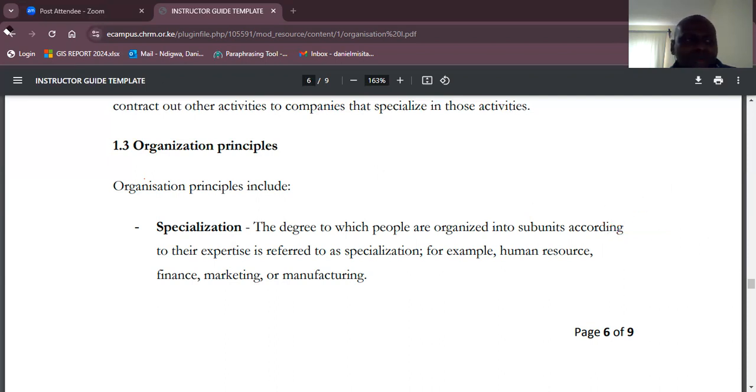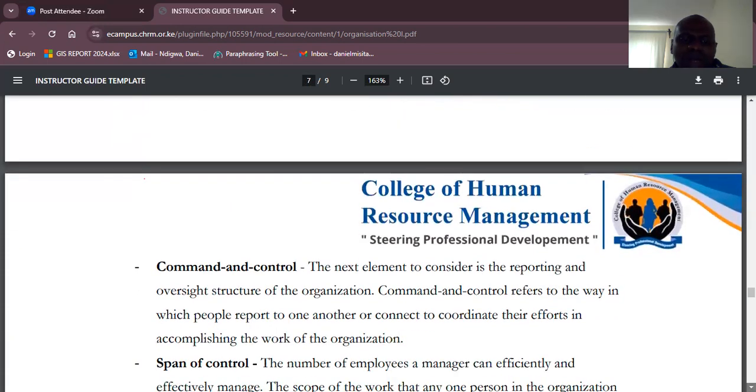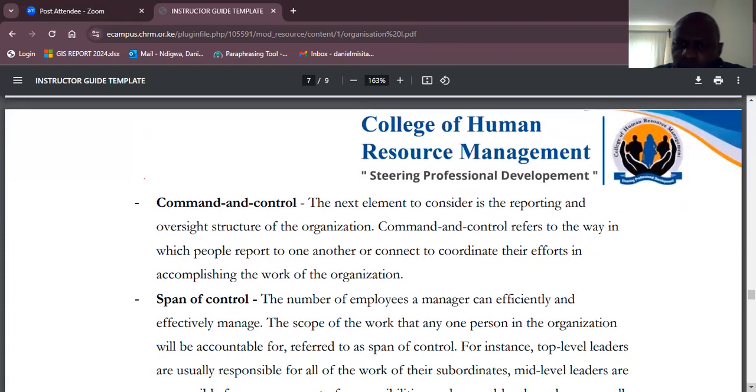The other second principle that is very important is the principle of command and control. When we talk about command and control, what comes into our mind is the issue of reporting, where you try your level best to connect and coordinate different efforts or activities within the organization for purposes of ensuring that you are able to accomplish some work and some activities within the organization.